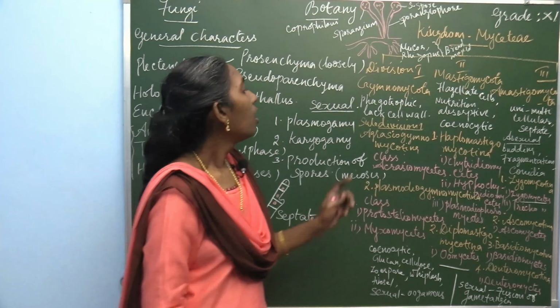These subdivisions are again divided into several classes. Acrasiogymnomycotina is divided into one class, and Plasmodiogymnomycotina is divided into two classes.